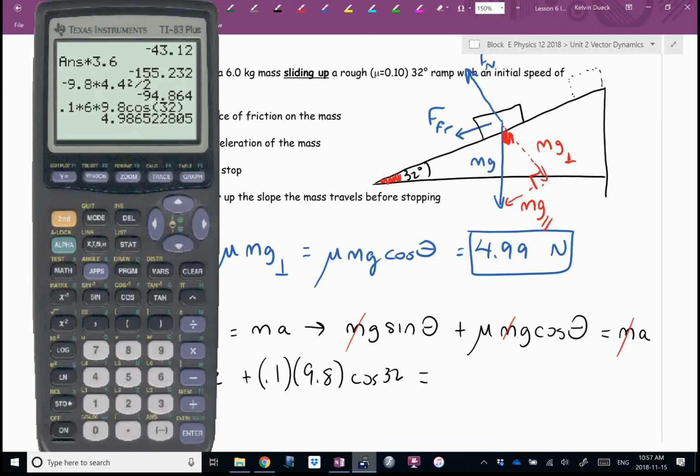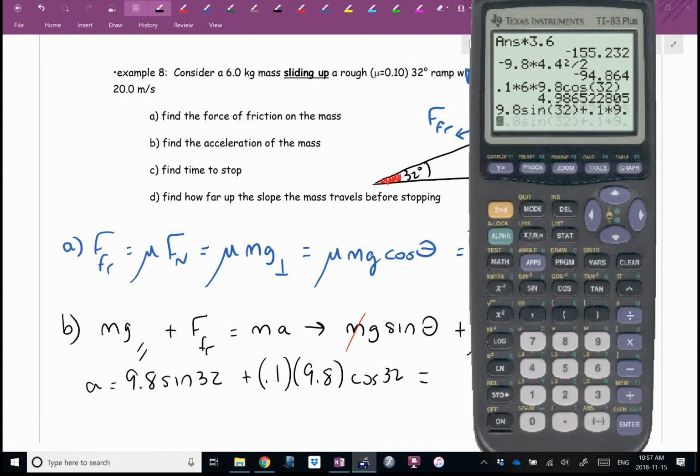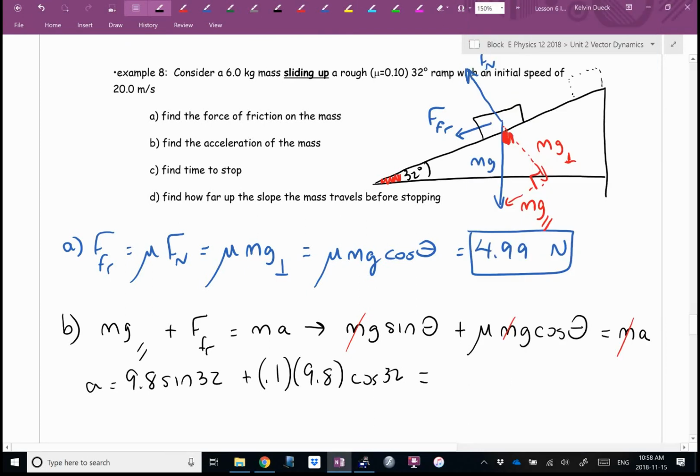I know it's going to be less than 9.8. 9.8 sine 32 plus 0.1 times 9.8 cos 32. Making sure I typed that right. Looks good. Do you get 6.02429? That there, 6.02? Yep. Meters per second squared.